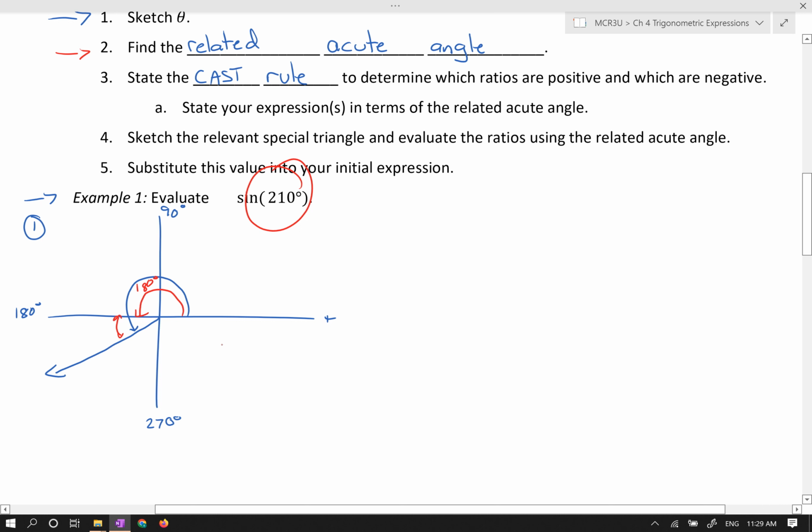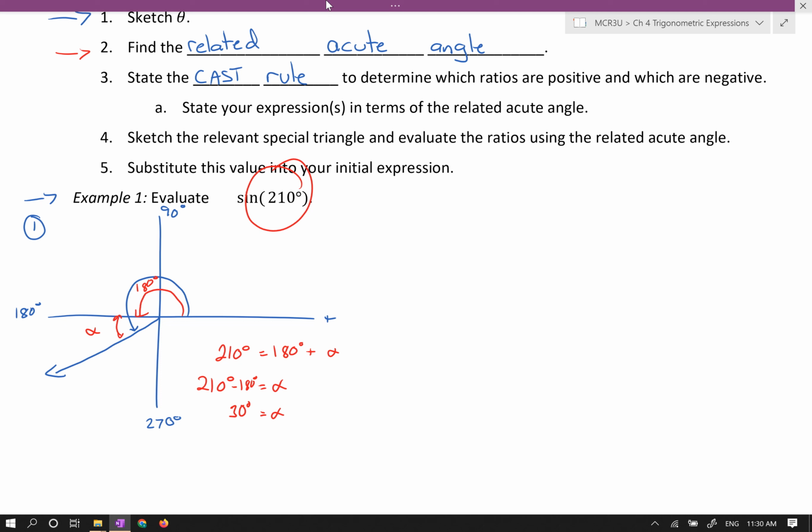So I would say here that 210 degrees is equal to 180 degrees plus my related acute angle. You can see how useful sketching this is when we're finding a related acute angle. So now I can rearrange this. That means 210 degrees minus 180 degrees is my related acute angle. And that tells me my related acute angle is 30 degrees. Well done, folks. That's step 2.